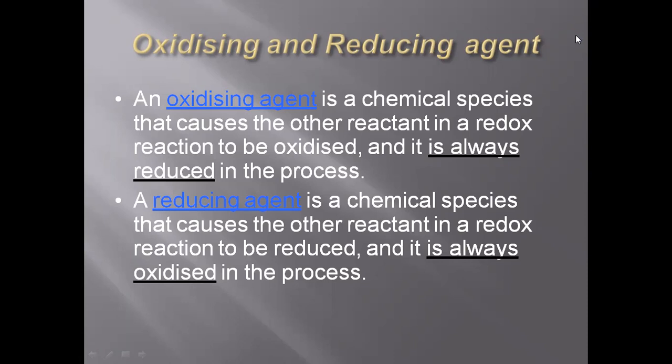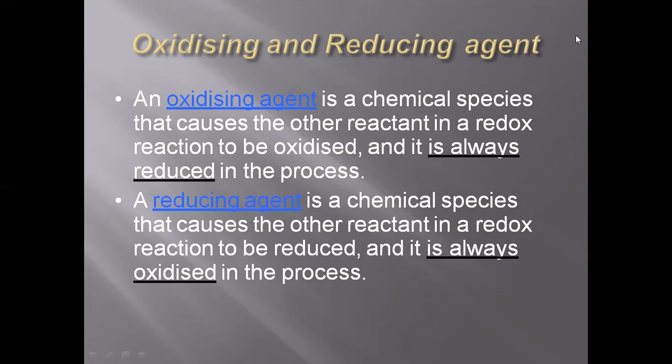A reducing agent is a chemical species that causes the other reactants in a redox reaction to be reduced. They reduce the species, but they themselves get oxidized in that process. So the work of oxidizing and reducing agents is to oxidize or reduce the other species present in the reaction.